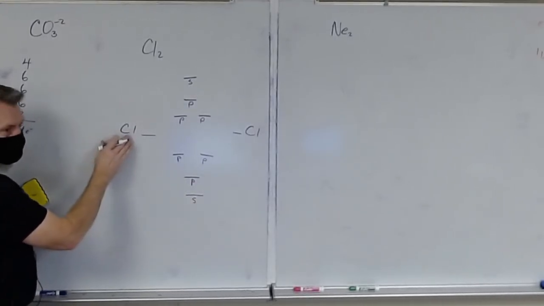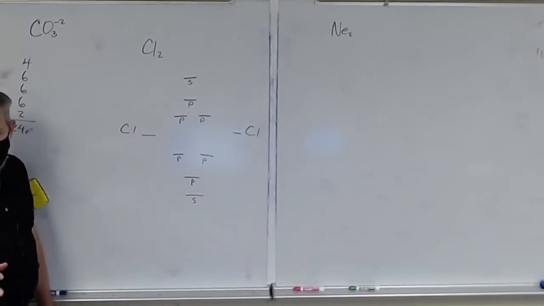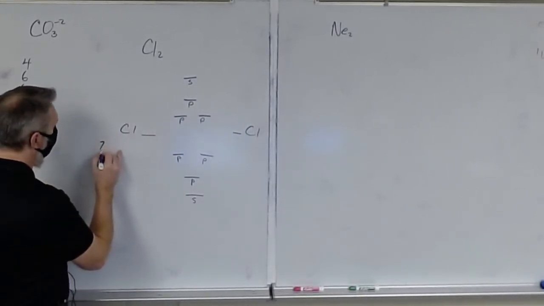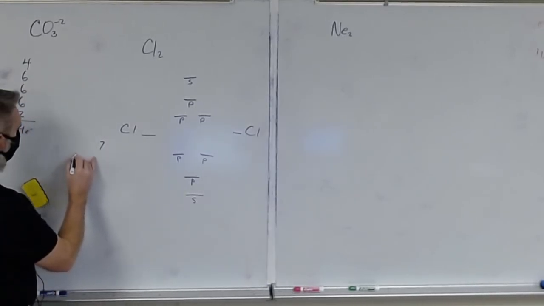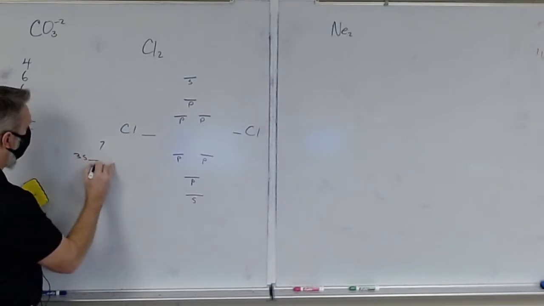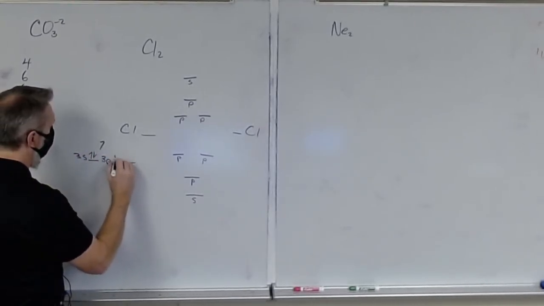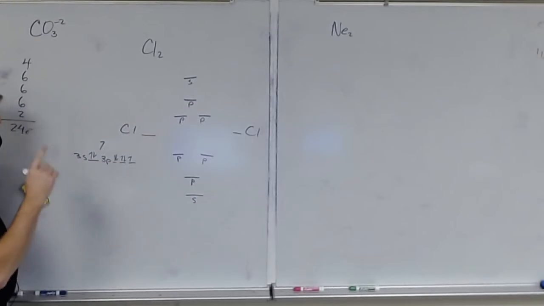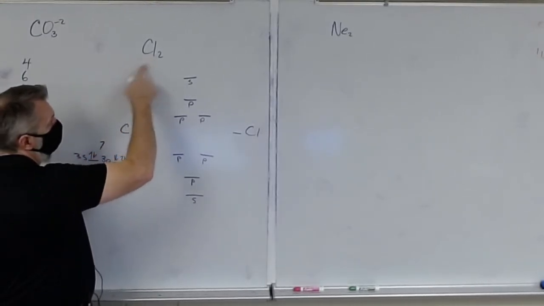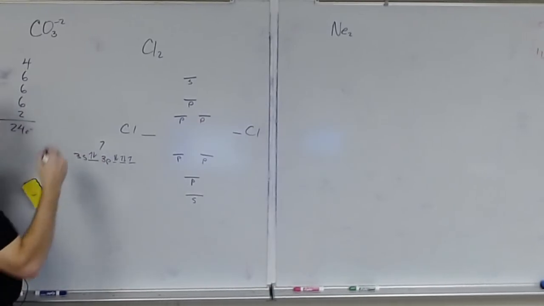How many valence electrons does this atom have? 7 valence electrons. If I were to draw the structure, I would have 3s, and 3p with up, up, up, down, down. That's chlorine. Between these two, how many total do I have? 14.